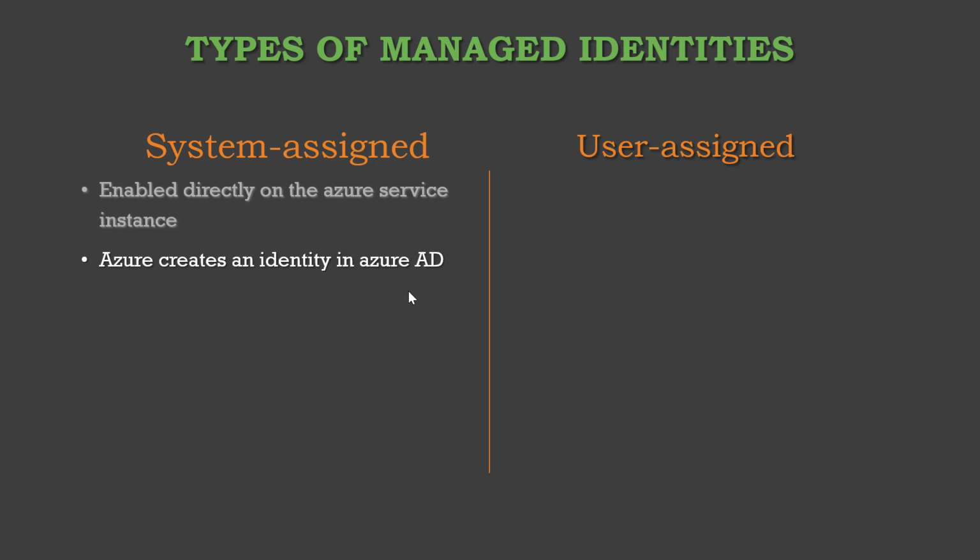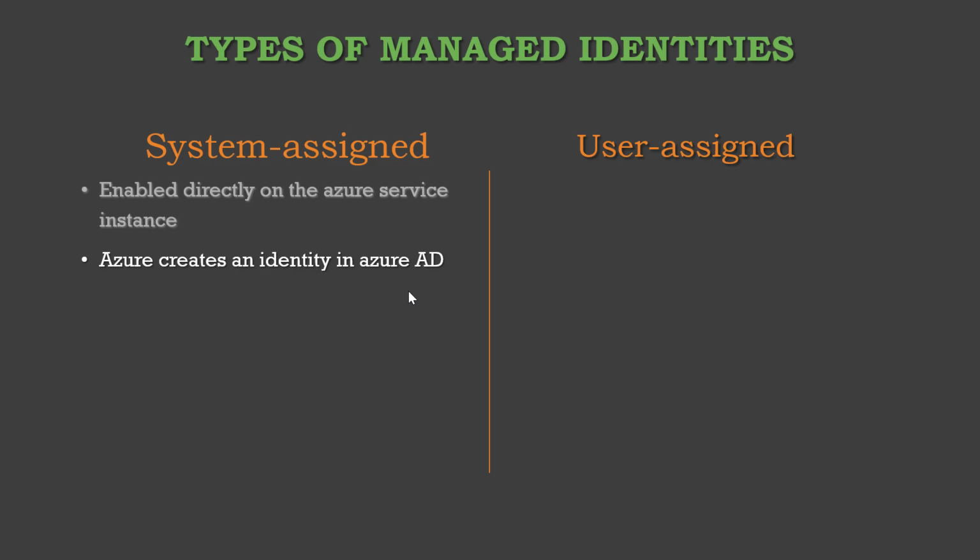Next, Azure creates an identity in Azure Active Directory. What I mean by this is, as soon as you create the MSI, there will be a service principal created for you for that particular Azure service instance in the Active Directory.